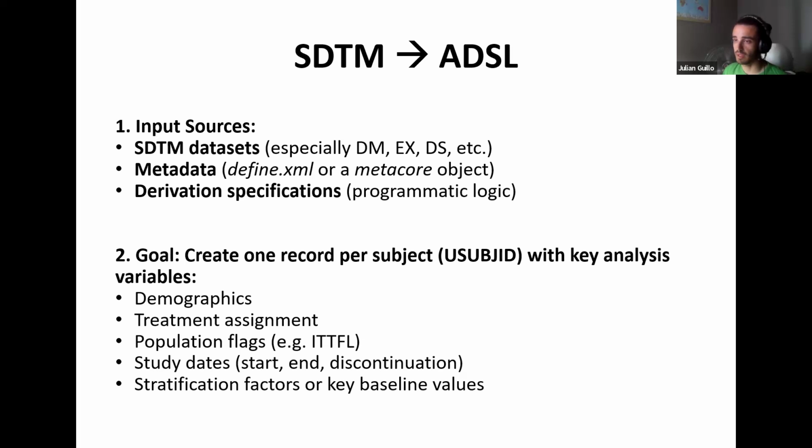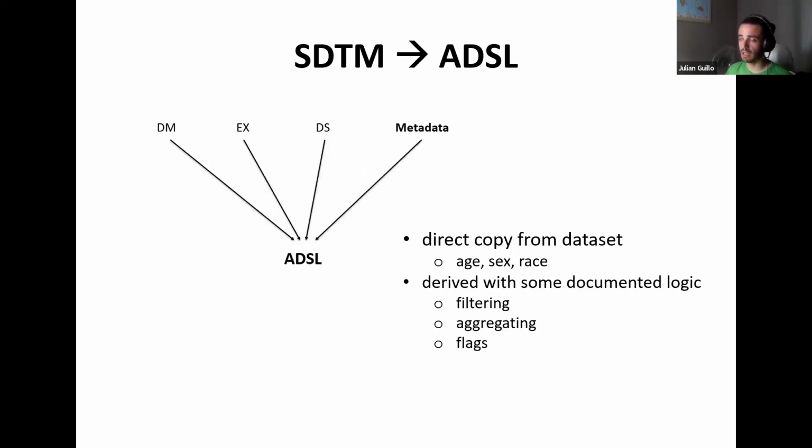Okay, and then our goal is to create one record per subject, per each subject ID, with some of the key analysis variables, like demographics, treatment assignment, population flags, study dates, and some other classification factors. So the way we do this is we either have a direct copy from the dataset, like it's the case for some demographics, for example, age, sex, and race, or you can also derive them using some documented logic.